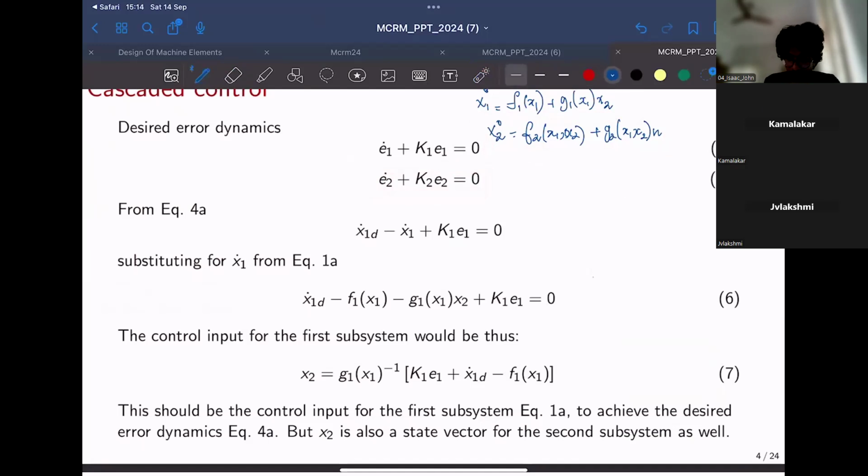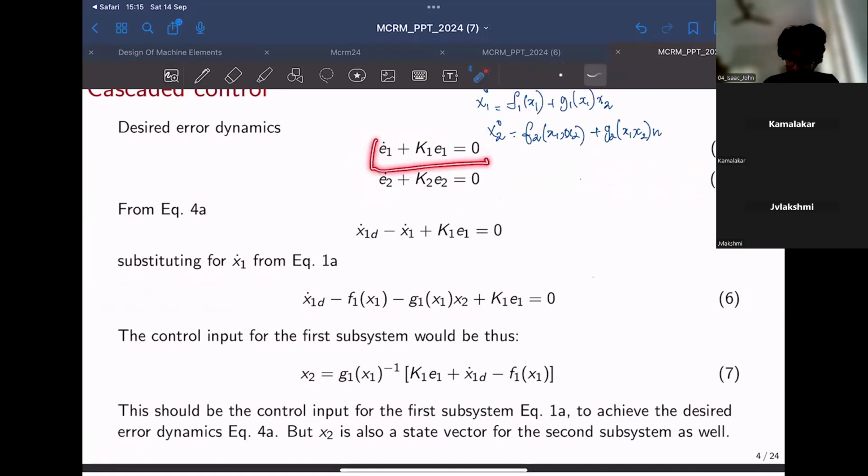So the homogeneous solution of this would look like E2 would be some constant C2 e raised to minus K2 multiplied by t. In this case also, it is pretty evident that as time tends to infinity, this error term will also tend to 0. So we'll analyze these two subsystems one by one.